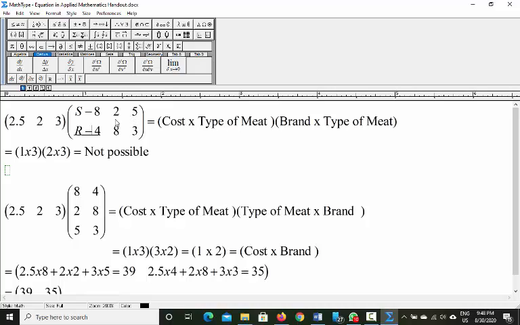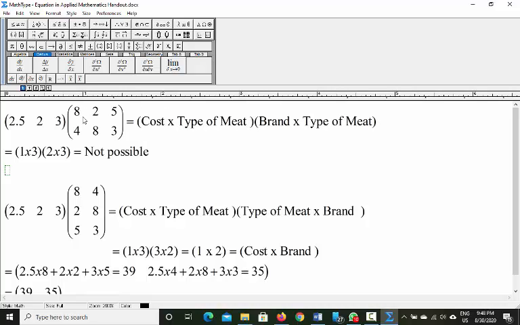So in the row we have brand type, and in the column this one represents beef, this one represents pork, this one represents lamb. So in the column we have meat type, or type of meat.